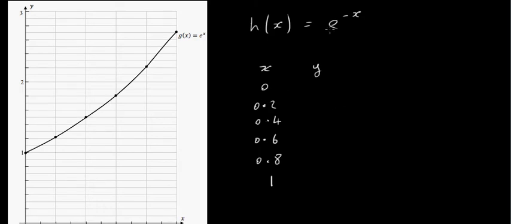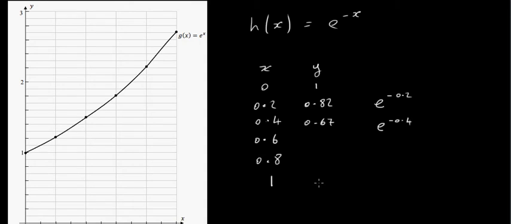If you put in 0, e to the power of 0 is just going to be 1. Then e to the power of minus 0.2, and when you do that, I got 0.82 to 2 decimal places anyway.